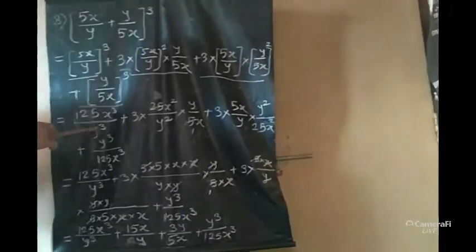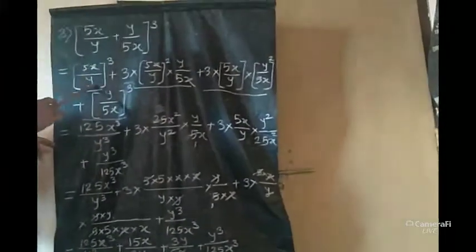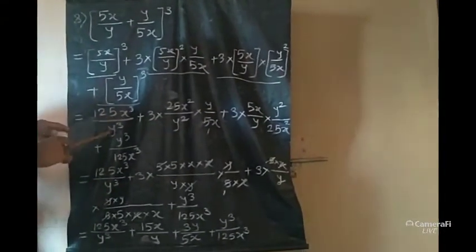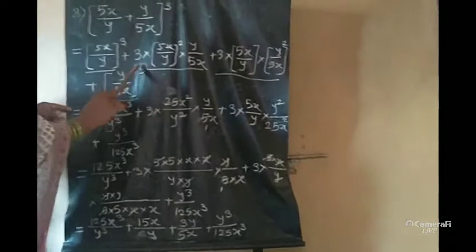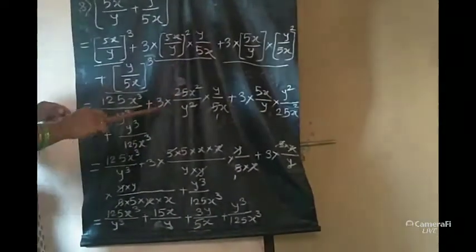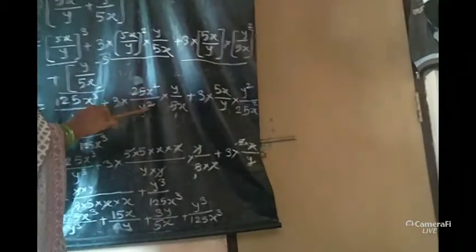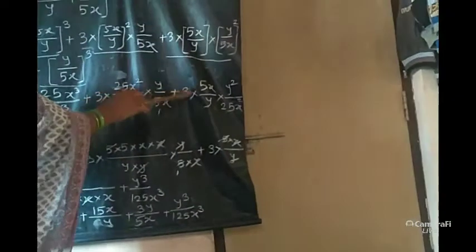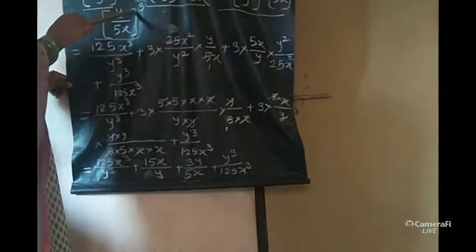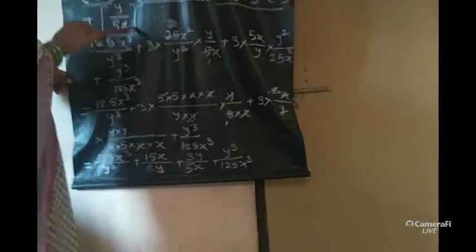Now find the cube values of these brackets. The cube of 5x/y will be 125x³/y³, plus 3 into 25x²/y² into y/5x, plus 3 into 5x/y into y²/25x², plus y³/125x³.